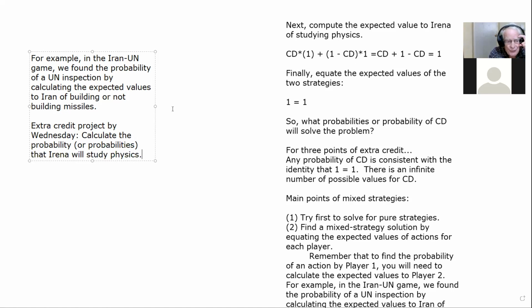Any questions about how, in principle, to solve for a mixed strategy? It's really just a matter of formulating expected values of actions, and that's all. Other questions?